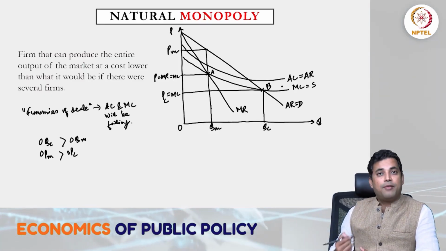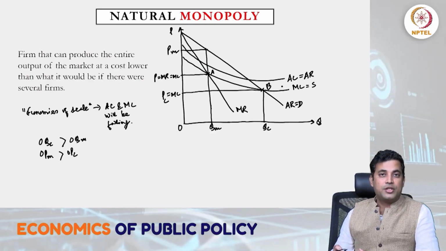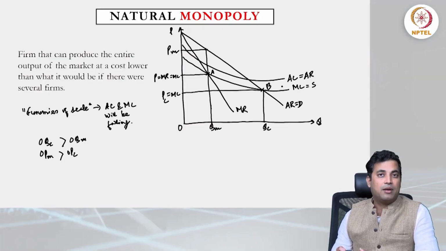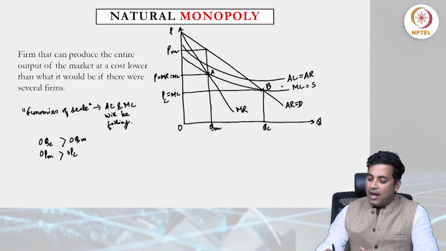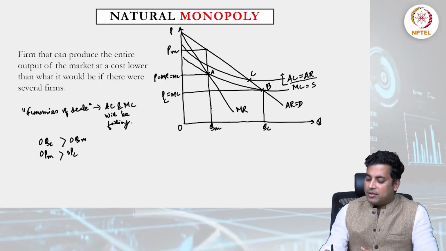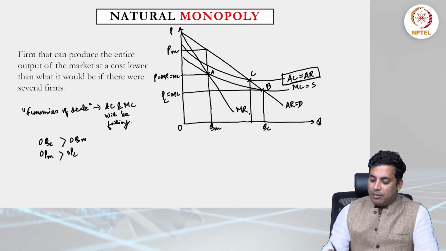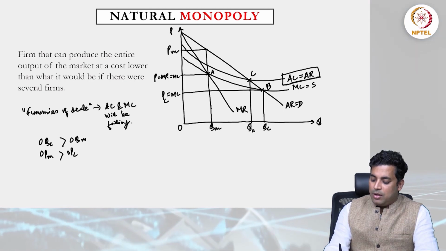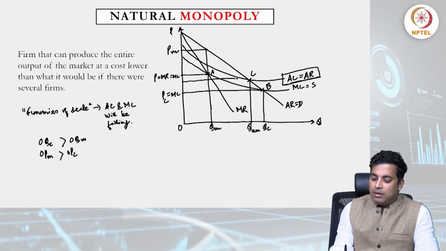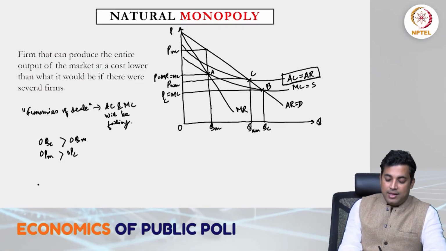The single firm or the government will try to look at a condition where average cost and average revenue are maintained. At point C, where average cost and average revenue meet, the quantity produced is QNM, and the price is PNM.